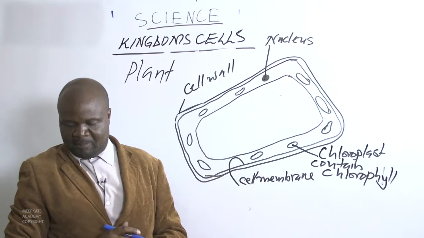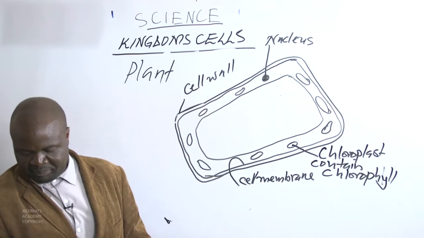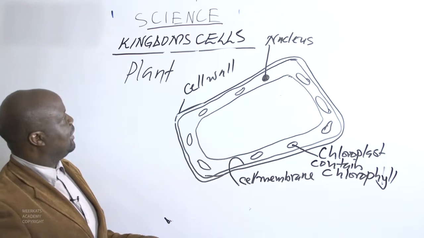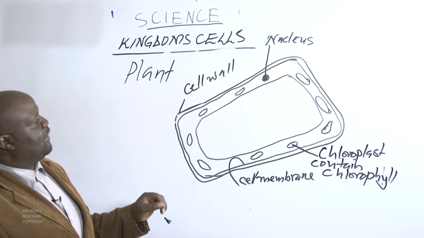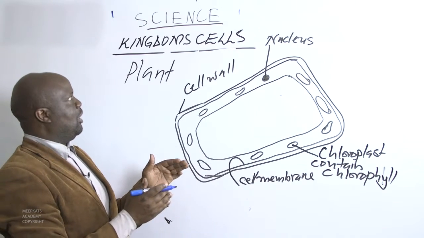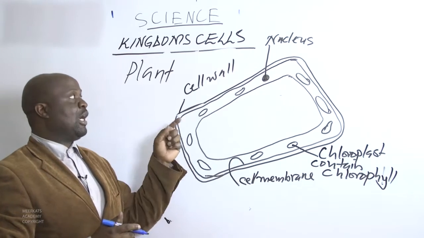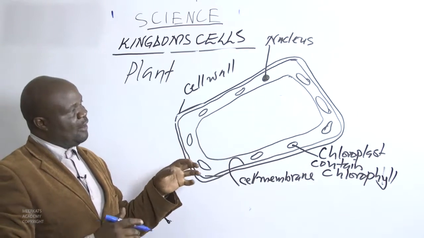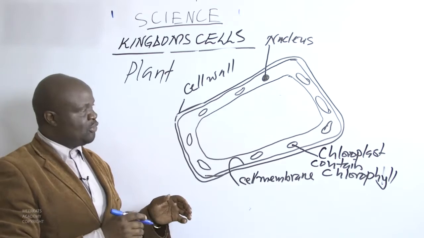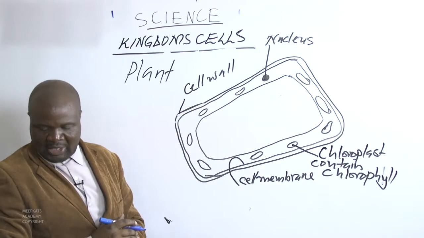Apart from that, we can see the major difference between a plant cell and an animal cell: in a plant cell we have a cell wall that gives a particular shape to that cell.